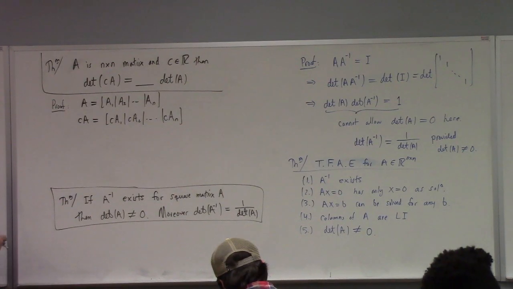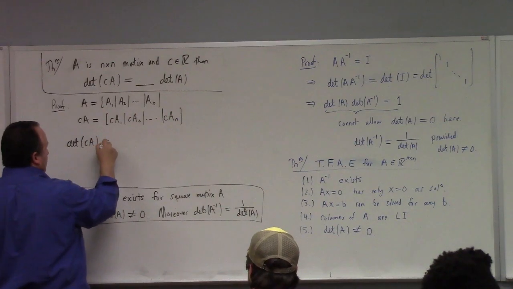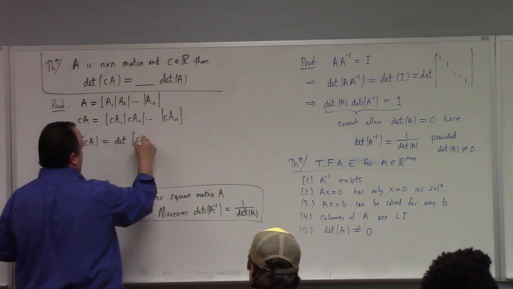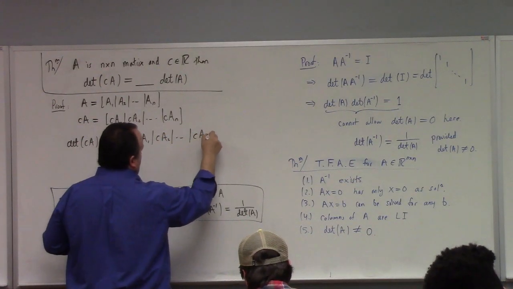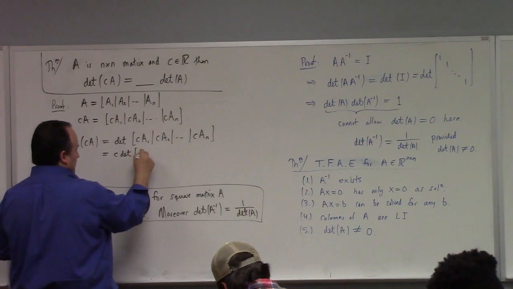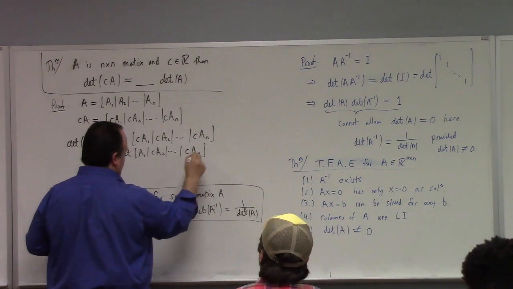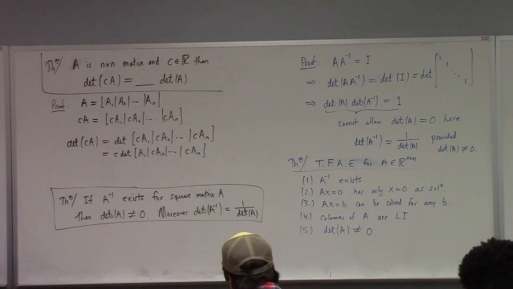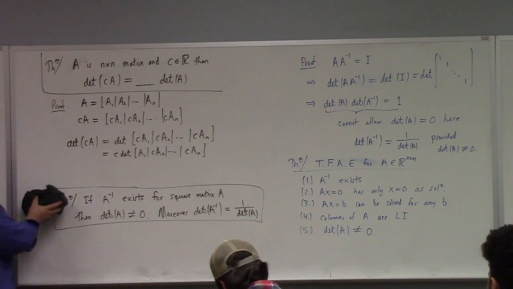Every component gets multiplied. So the determinant of CA is the determinant of all that. So I'll get us started. That's C times the determinant of A1, CA2, and so on, right? I'm just using property 2 on the first column.